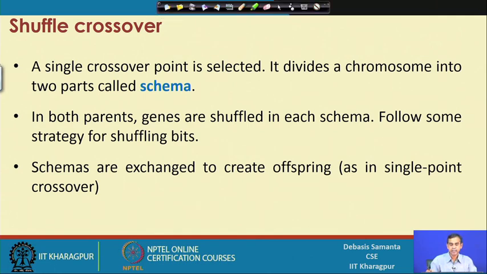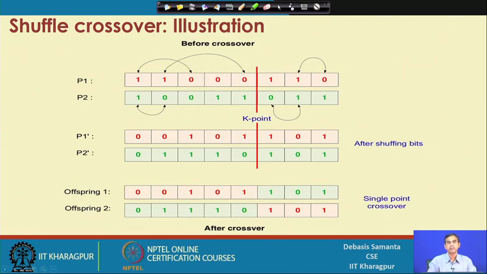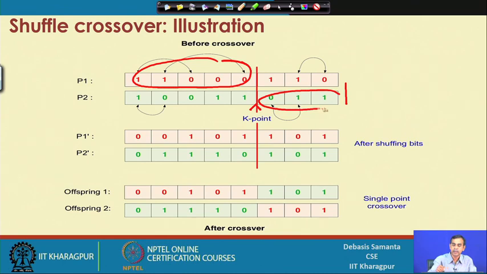Now, we can better explain this concept with an example. Let us observe this example here. So, these are the two parents, P1 and P2, and a single point is selected. Let this single point be this one, the K point, and then this is one schema in one chromosome, and this is another schema in the chromosome. So, the two schema in the two chromosomes are selected.